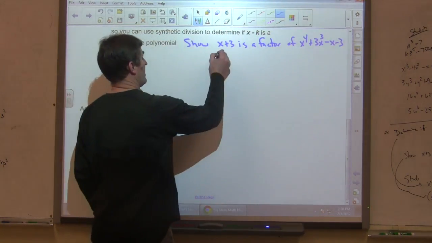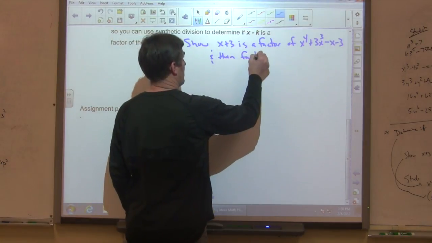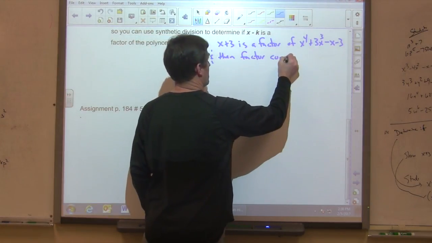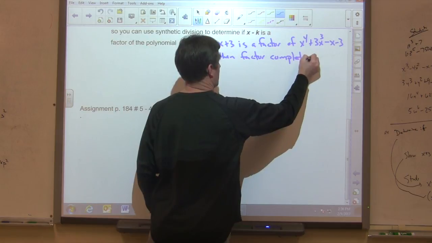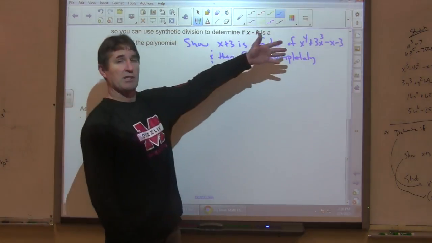And then factor completely. So that means factor it the rest of the way. So they're telling you it's a factor, they just want you to show it.